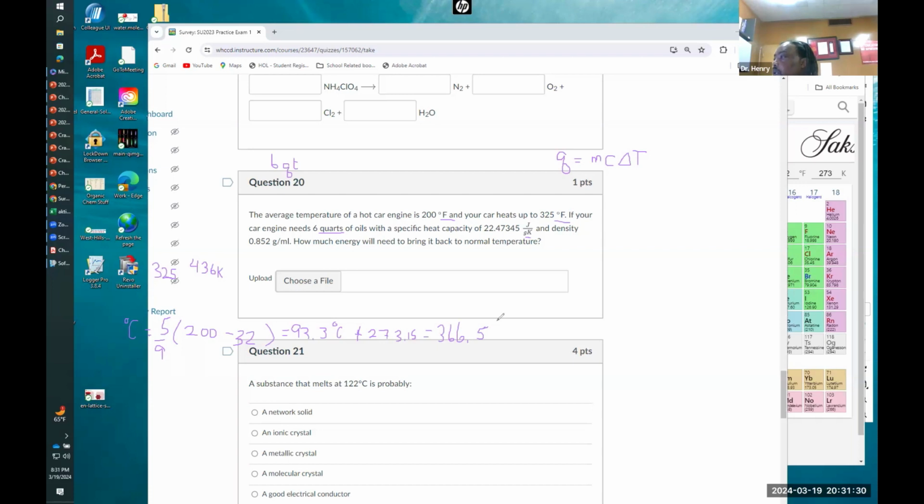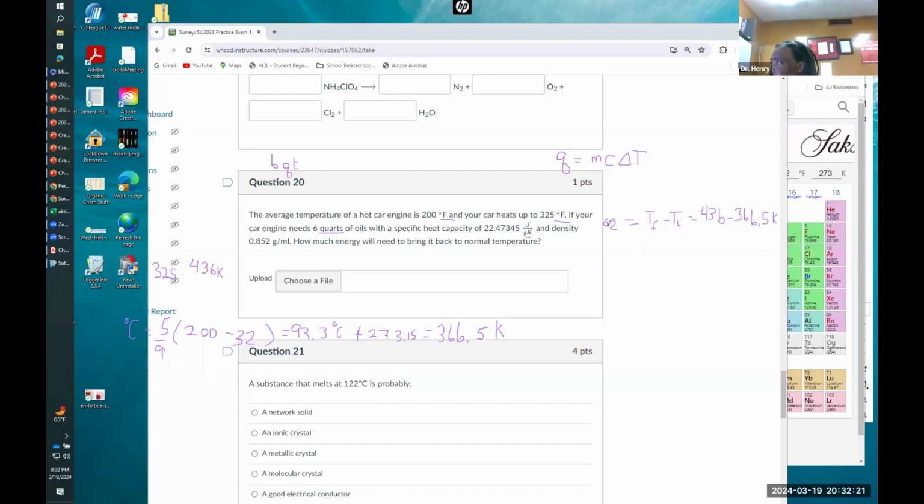Okay. So now we know our delta T is going to be T final minus T initial. So that's 436 minus 366.5 Kelvin.